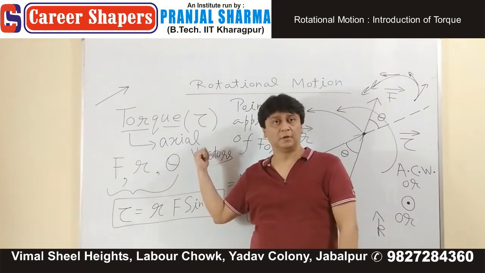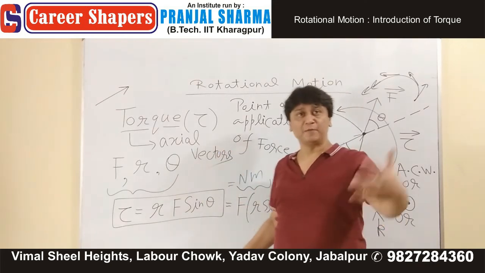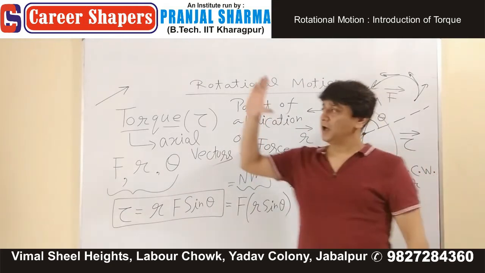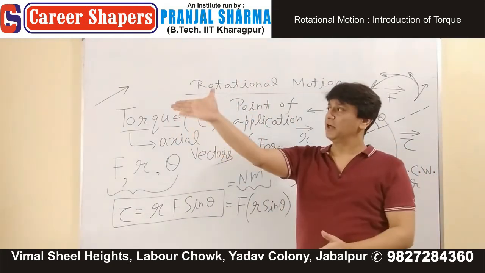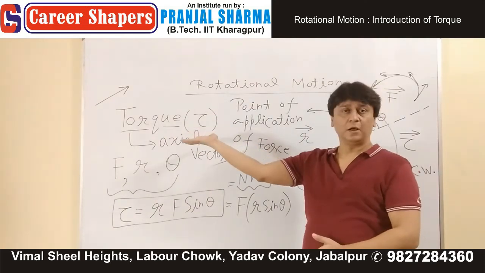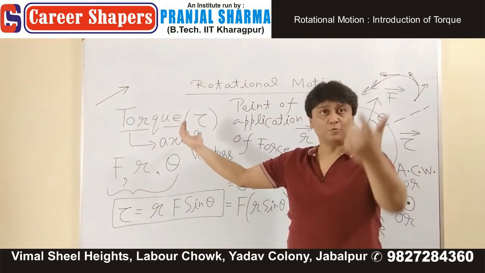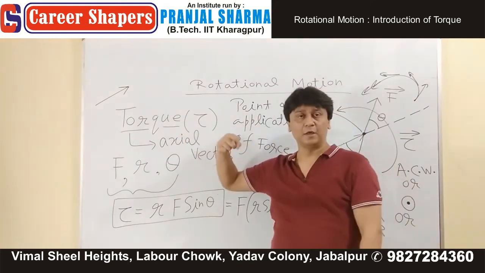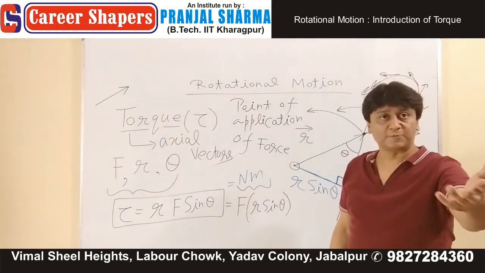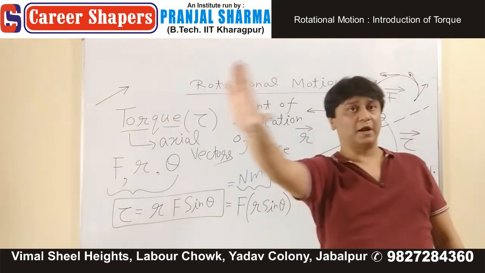Which means now if I tell you that a body has a torque acting on it which is pointing inwards, it doesn't mean कि body अंदर चली गई. It means what? अपने right hand thumb को अंदर की तरफ रखो. ये रहा. Thumb अंदर. Curl. What type of curl you see? Clockwise. Body कैसे rotate कर रही है? Clock. And if torque is pointing out, thumb बाहर. बाहर का मतलब ये नहीं कि body बाहर आ गई.